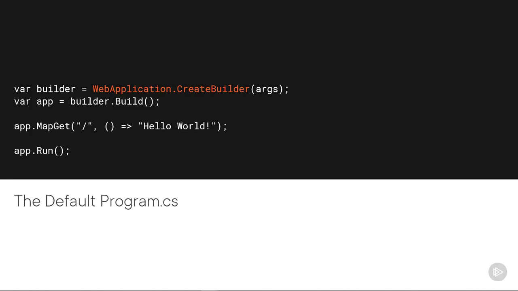CreateBuilder does some basic setup of the ASP.NET Core platform based on quite a few defaults and conventions. Amongst others, CreateBuilder will set up that web server I just mentioned, Kestrel. Kestrel is a built-in cross-platform server that will actually run as part of your application, and it will handle the requests.